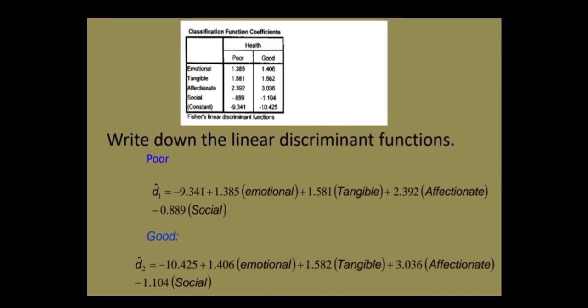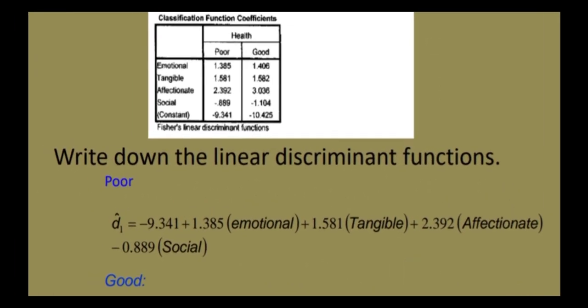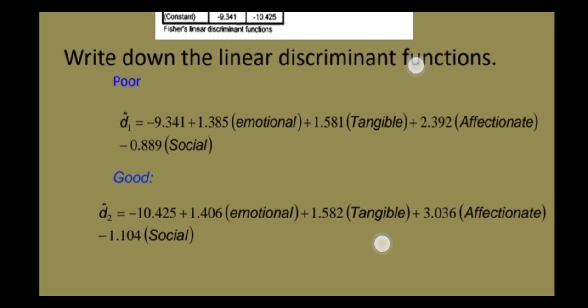Okay, write down the linear discriminant function. So untuk poor, it will be D1 hat. Okay, dia punya constant here, negative 9.341 plus all the coefficient untuk setiap variables. Okay, we have 1, 2, 3, 4 variables here. So untuk D1 dan juga untuk D2.